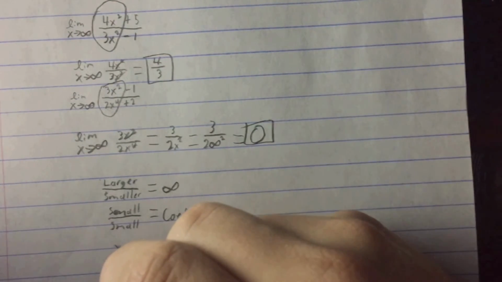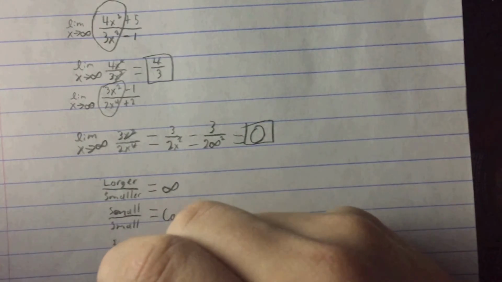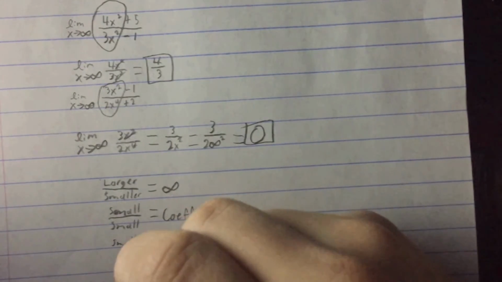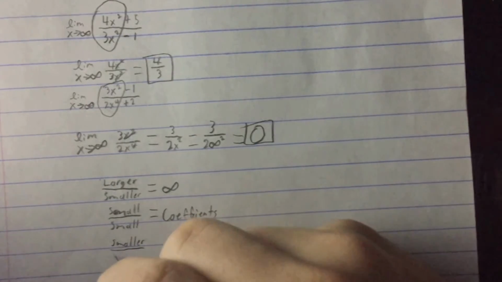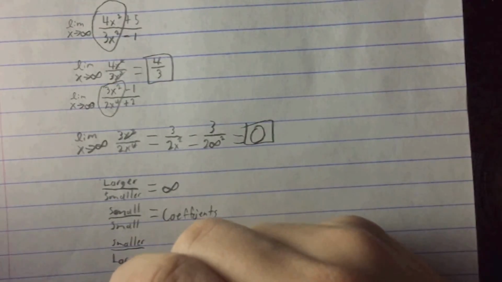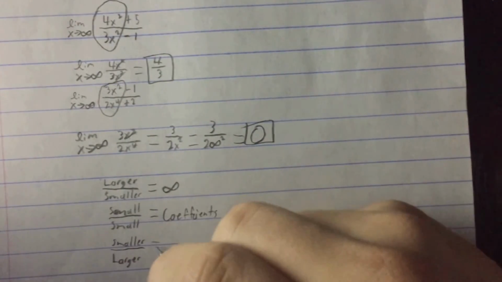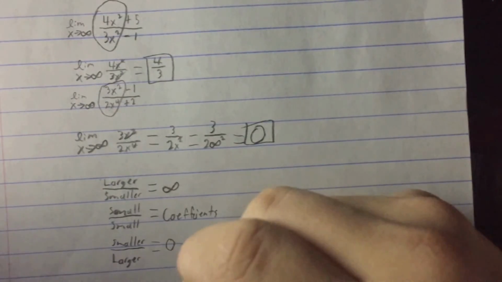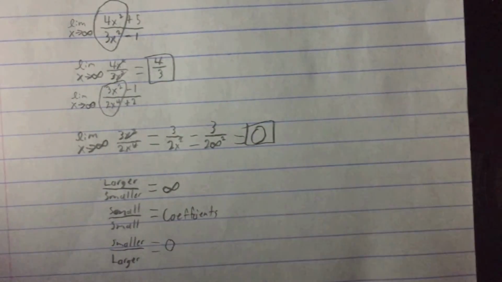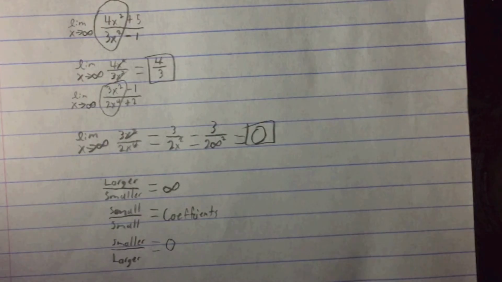And then finally, when the small over the larger, you get 0 as your limit. And that is it.